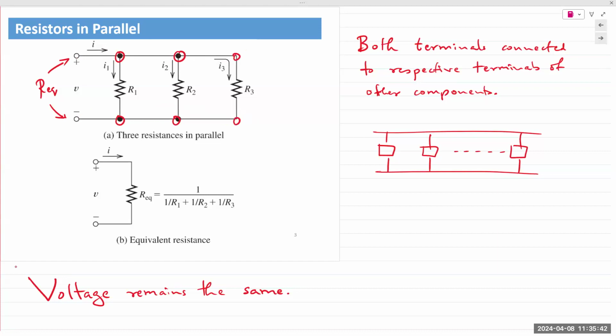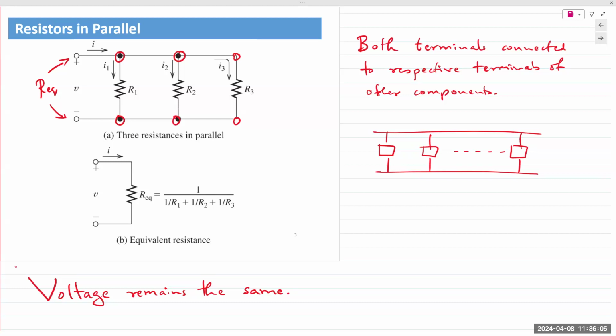All three measurement terminals are exactly the same because they are the exact same two nodes. So you can measure Req across any resistance, it will still be the same. There's no difference whatsoever. Does everybody understand that? Right?